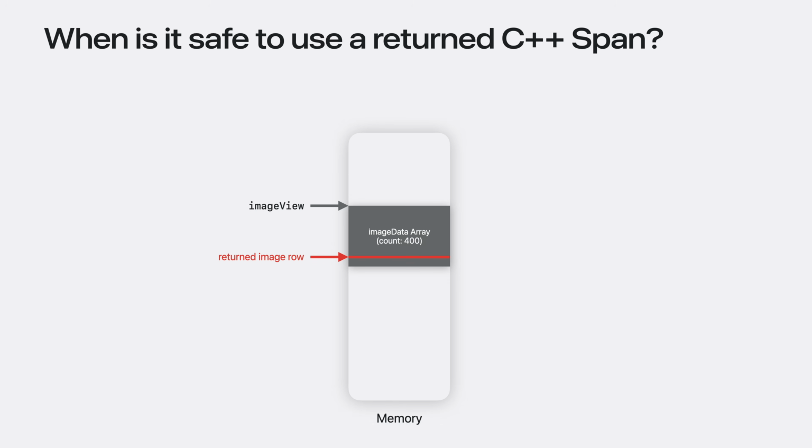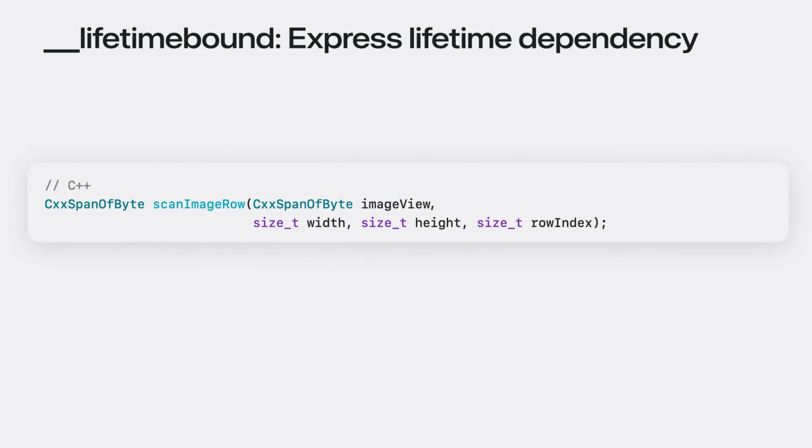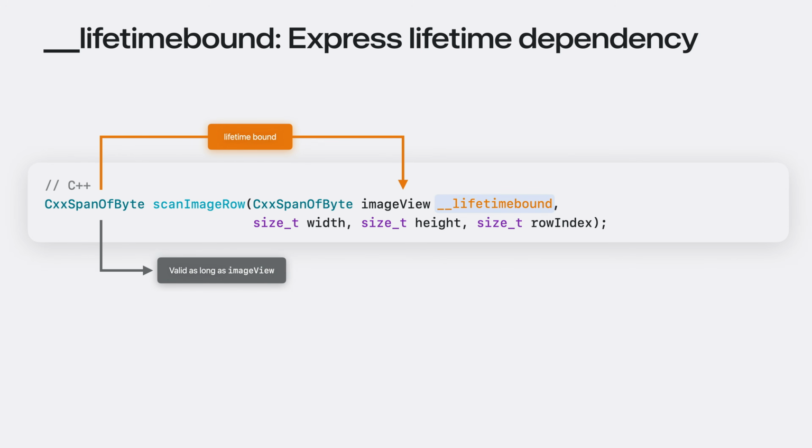That means it's alive only as long as image view. This relationship is called a lifetime bound. That's exactly the missing information that Swift needs in order to import a return C++ span as a Swift span. I can express that with the lifetime bound annotation. This enables the compiler to ensure that it's used safely.